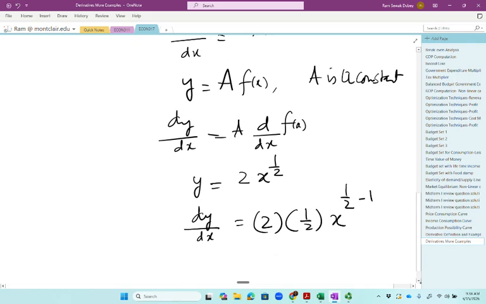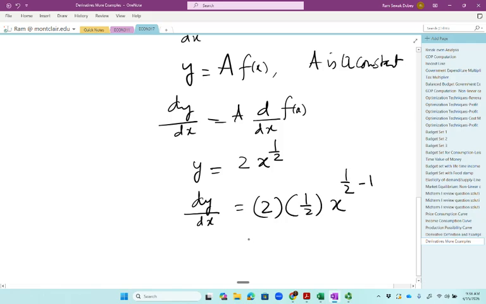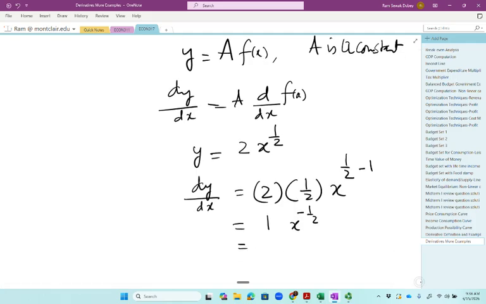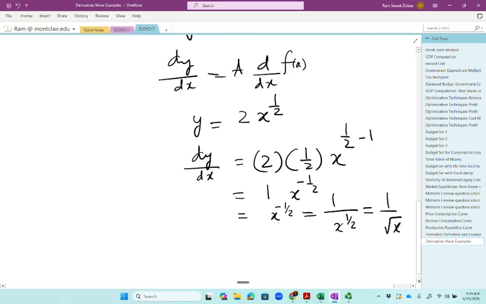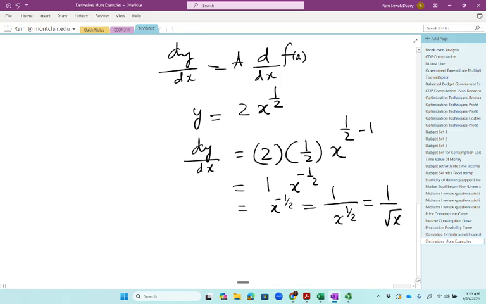You can see there is a simplification going on. 2 times 1 half is 1, and I have x to the power minus half. Usually we don't write 1. So I could write it as x to the power negative half, or I could take the term in the numerator to the denominator, and the power will become positive. So this is a useful formula to learn.